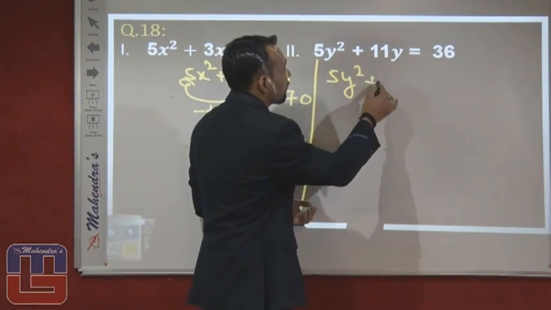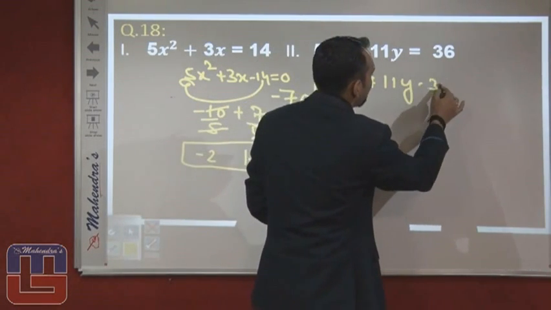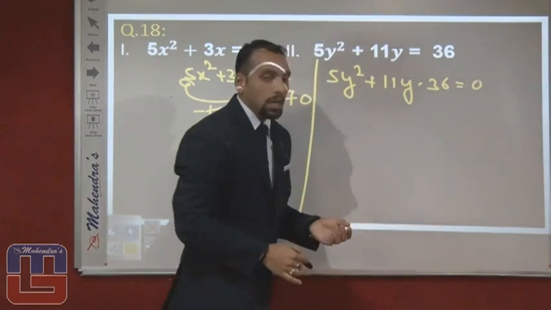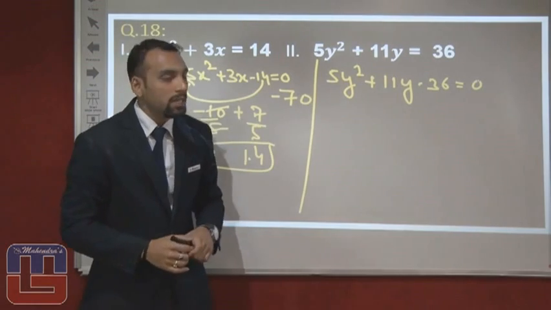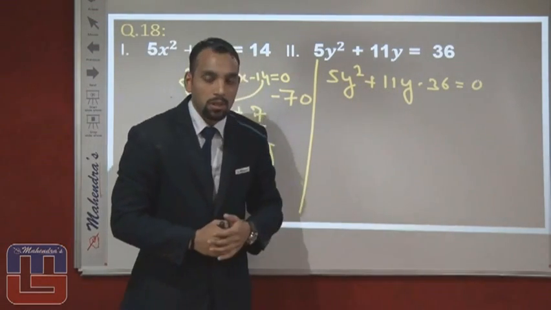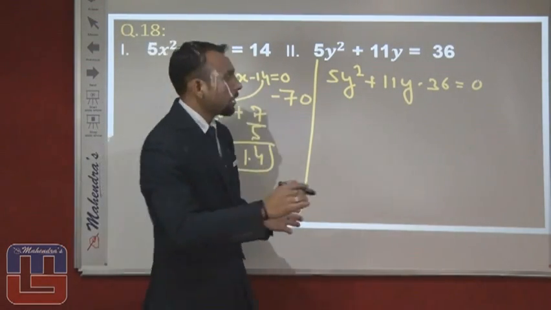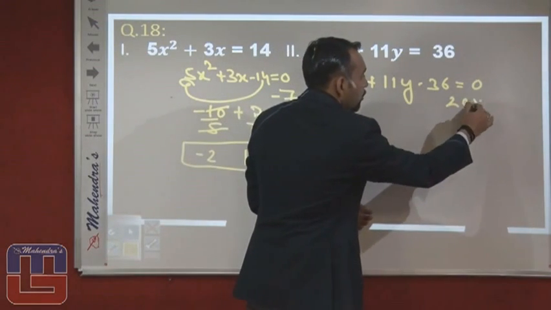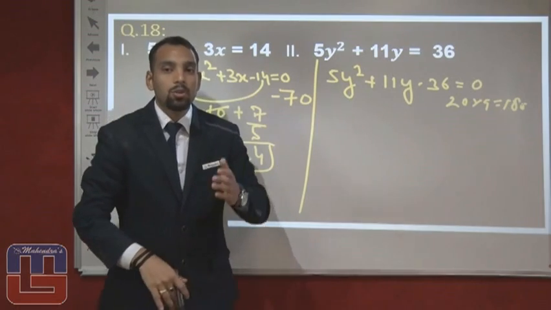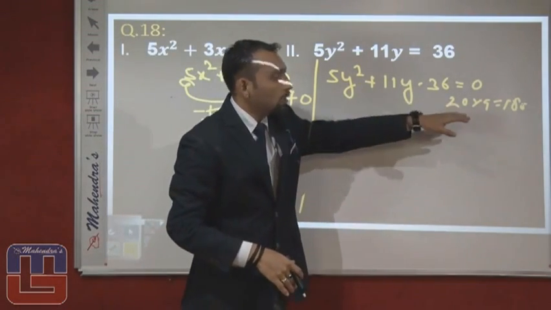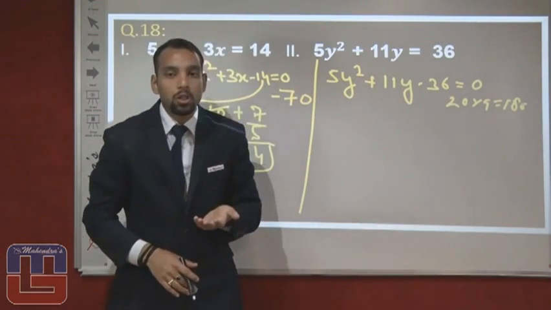5y square plus 11y minus 36 is equal to 0. Again multiply this 36 by 5, you will get 180, and here it is 11. The numbers will be, now see, 20 into 9 is equal to 180, and if you subtract 9 from 20 you will get 11.